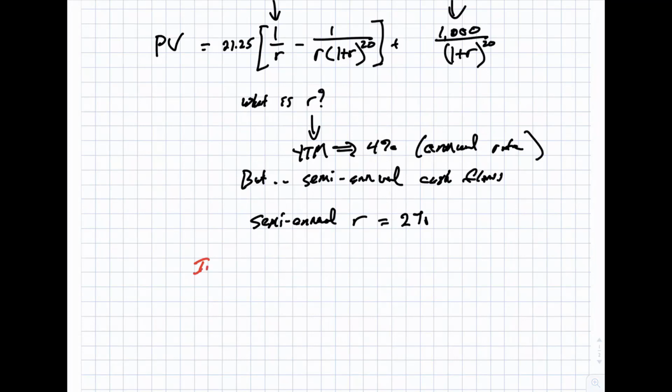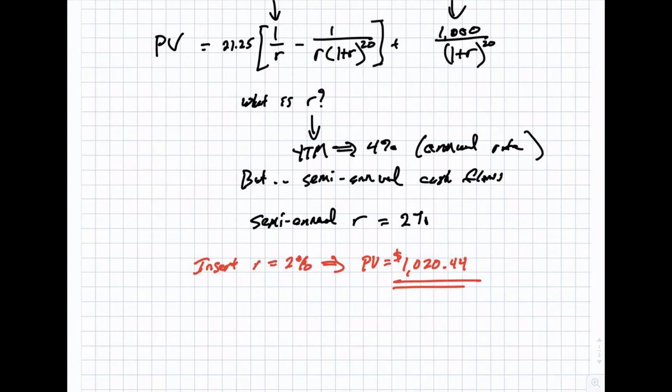So let's just insert R equals 2%. Use our favorite calculating device, financial calculator or an Excel spreadsheet, and we will get a present value of approximately $1,020.44.